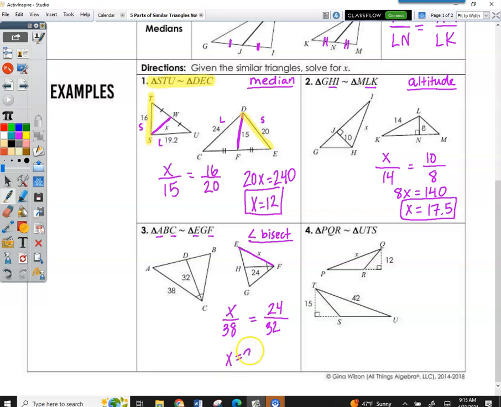Let's see if we get 28.5. All right, number 4. What type of problem is it?